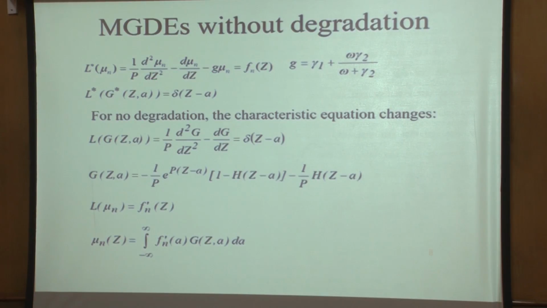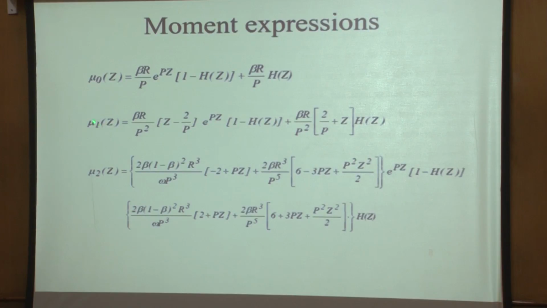Remember, for second order differential equations with constant coefficients, you have to find the characteristic roots, and then based on the nature of those characteristic roots, whether they are both negative, both positive, one real, one imaginary, you get different kinds of solutions. So if this term is not going to be there, the nature of your characteristic equation will change. So for no degradation, you would have a different characteristic equation, but otherwise the same process goes through, and I would get expressions for 0th, first and second moments too.